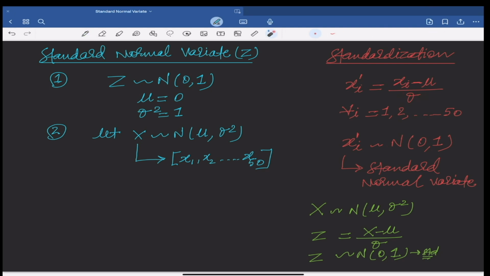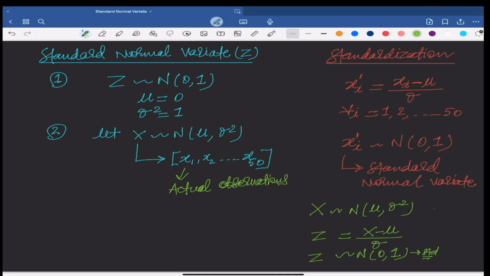Here you are transforming your 50 observations into 50 other observations, for each i equal to 1, 2 and so forth till 50. These are your actual observations, and you are transforming them into xi dashes such that xi dash has a mean of 0 and a variance, or standard deviation, of 1.